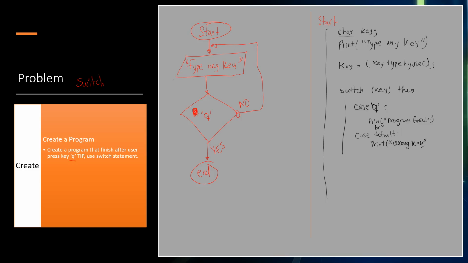And here we need the break. Here we need the break. And end switch. And this ends the program. So here now we need this loop. In the next class I will explain more about loops.